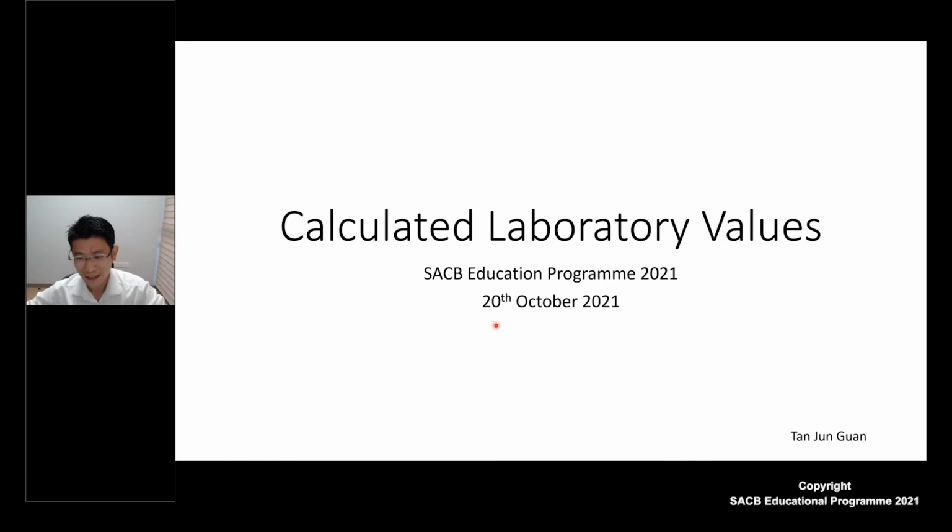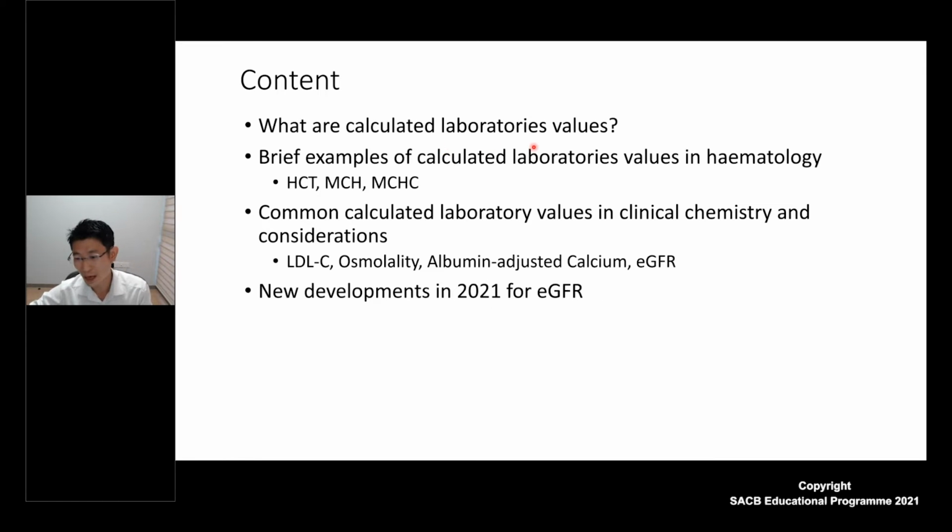Thank you for taking the time off your busy schedule to attend today's lecture. Today, my topic is calculated laboratory values. We are going to go through what calculated laboratory values are, and some examples: red cell indices in hematology, such as hematocrit, mean corpuscular hemoglobin, and mean corpuscular hemoglobin concentration, and then some considerations in clinical chemistry.